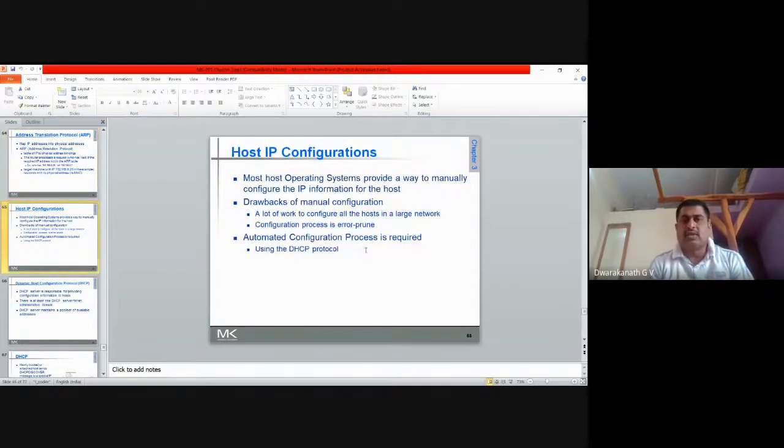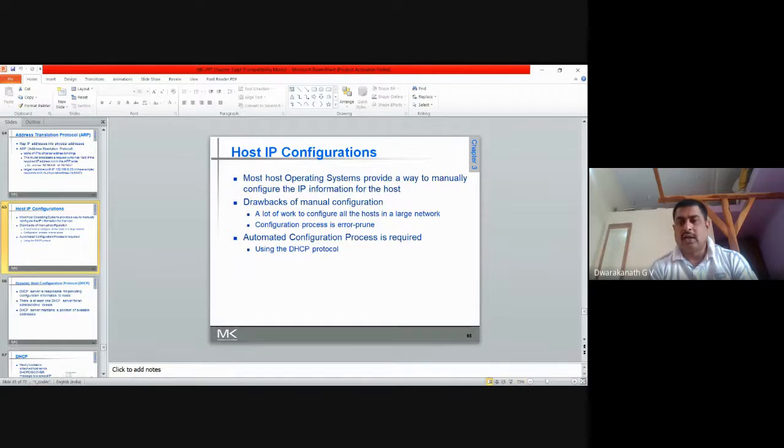Coming to the next thing, that is host IP configuration. How will it be done? Most host operating systems provide a way to manually configure the IP information for the host. You can see the screen which I have shared.